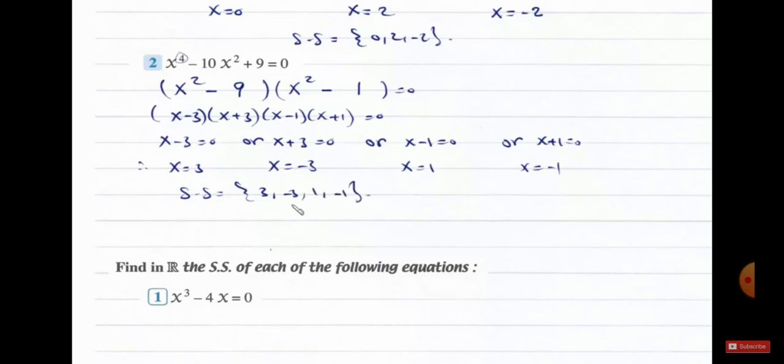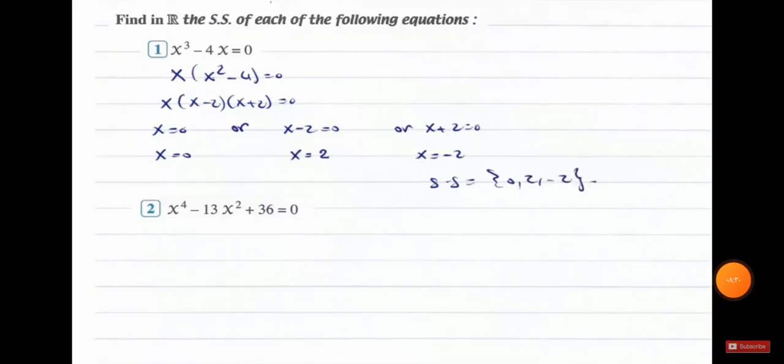Then x - 3 = 0, so x = 3, or x + 3 = 0, so x = -3, or x - 1 = 0, so x = 1, or x + 1 = 0, so x = -1. Then the SS for the equation equals {3, -3, 1, -1}.